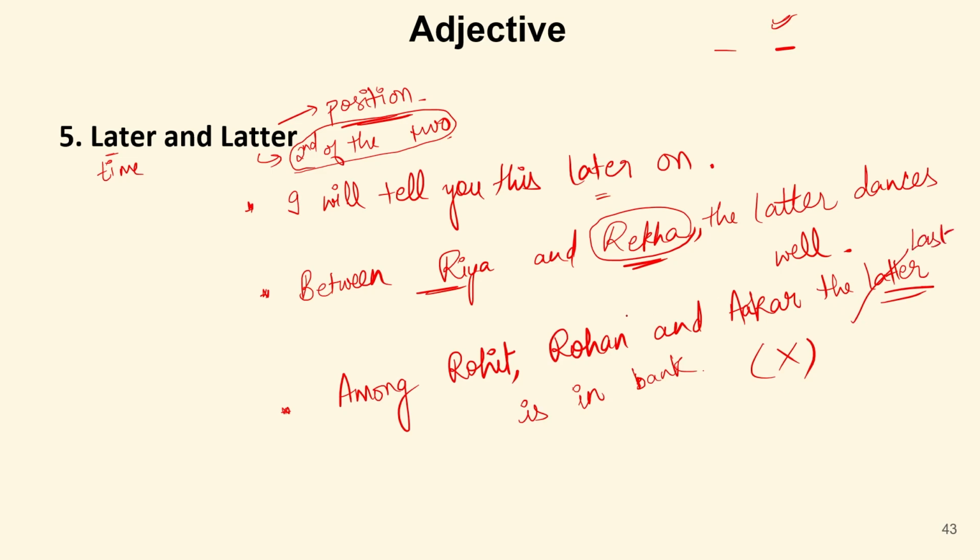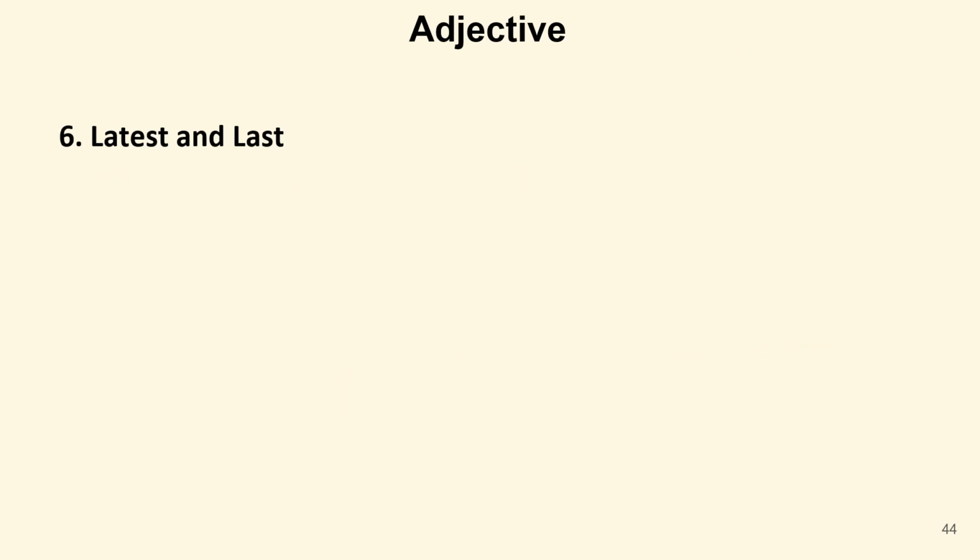The last one is the banker, or the last one does the job in a bank. So among Rohit, Rohan, and Akar, the last is in the bank. So latter is used only for two persons. When we are talking about two persons only, we use latter. So this is the difference between later and latter. Later shows time, whereas latter shows position.